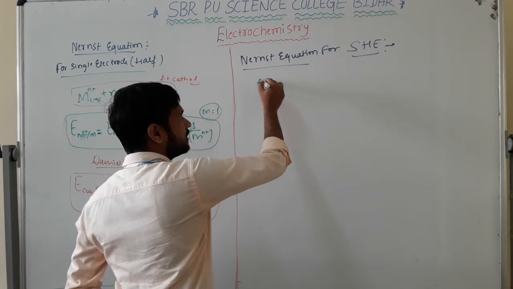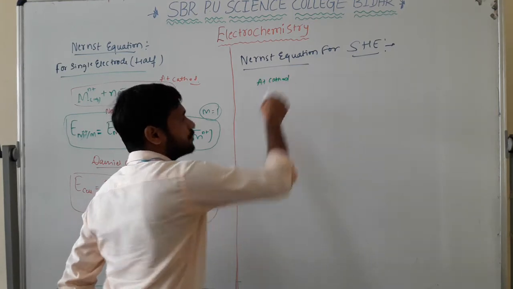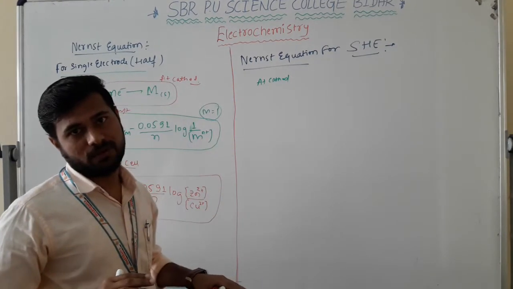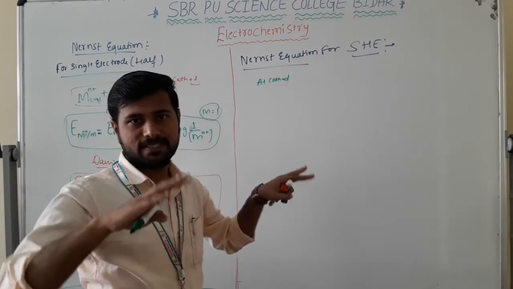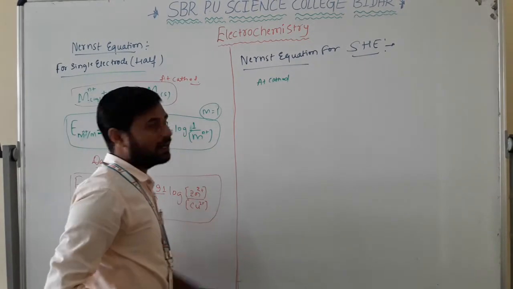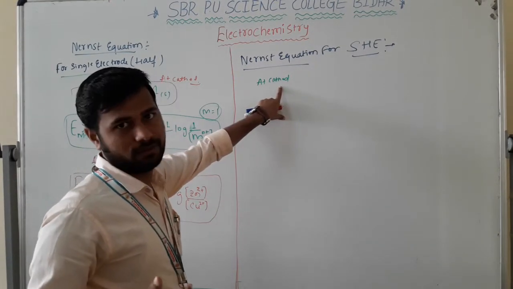Here also I am considering it a cathode, because in the SHE oxidation is also possible, reduction is also possible. Redox reactions take place in the SHE, but I am considering only the cathode, because the cathode is very measurable for the Nernst equation.